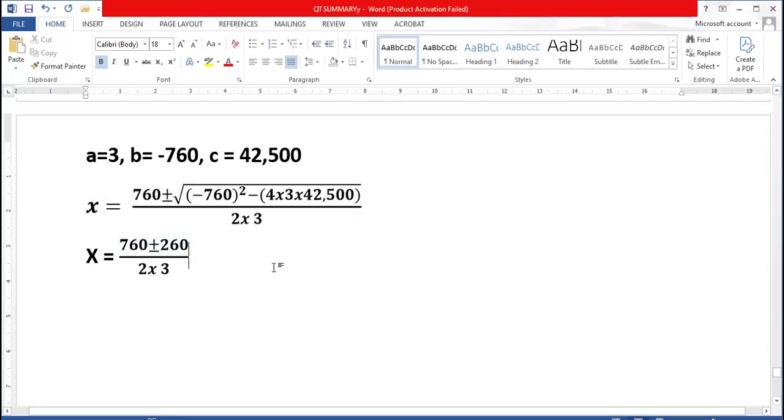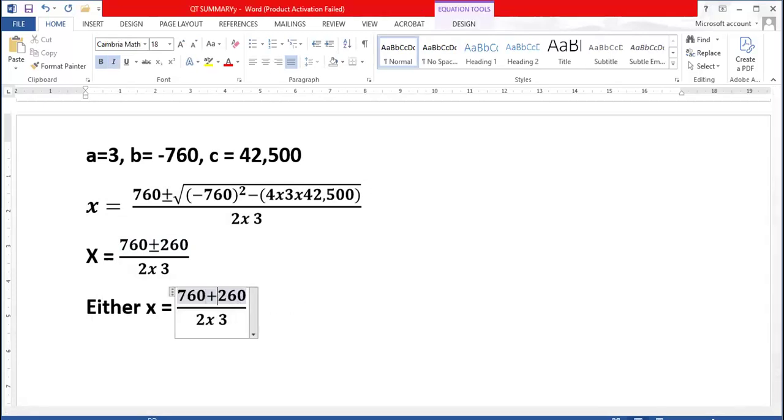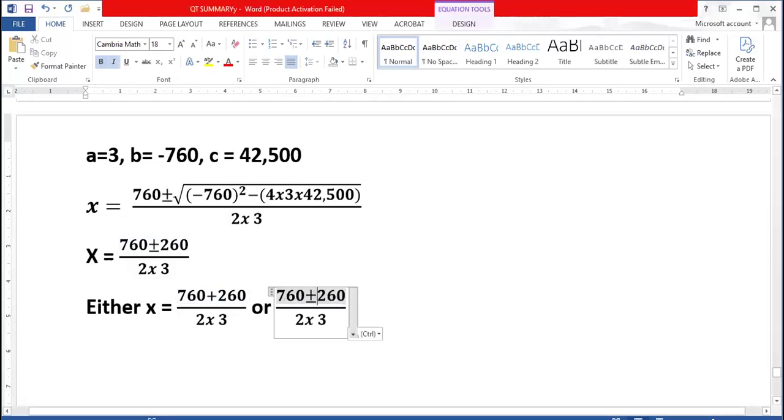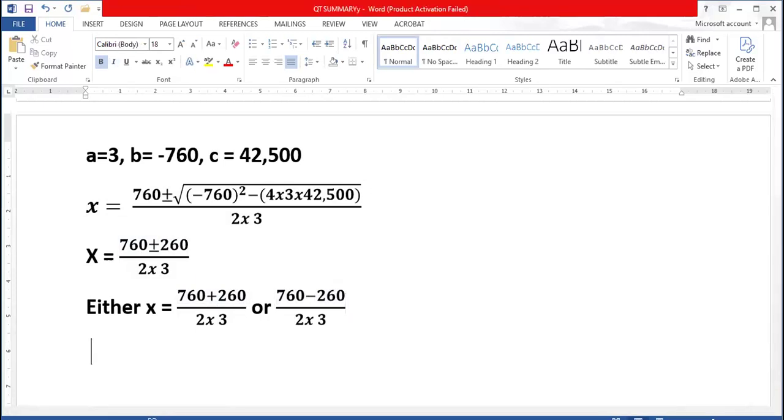Yes. So this means that either x is equal to this, I put a plus, or x is equal to, I put a minus. So the first x will be what? Our 760 is a negative.